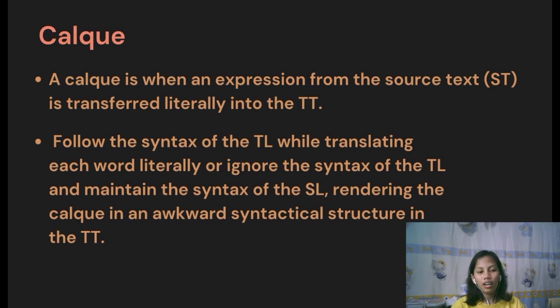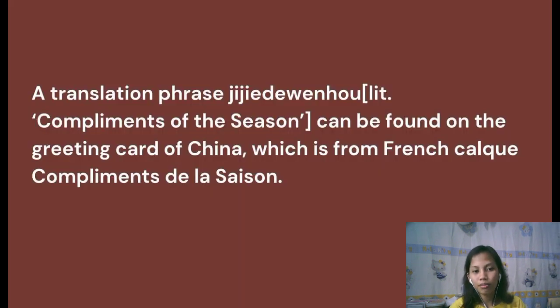So, for example, the translated phrase Jijidwanhu. It is a complement of the season and can be found on greeting cards in China, which is from the French calque complements de la saison. Because of the culture gaps between China and France, Chinese people will be confused by the odd translation.